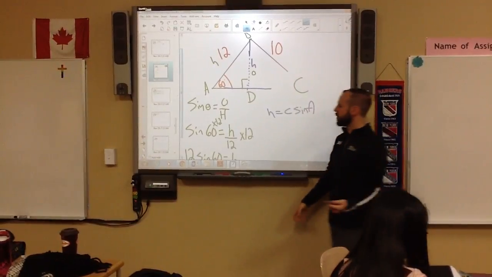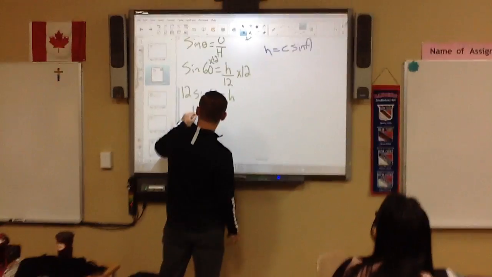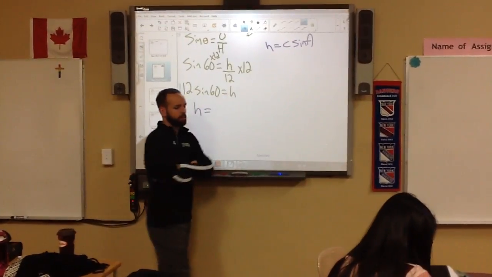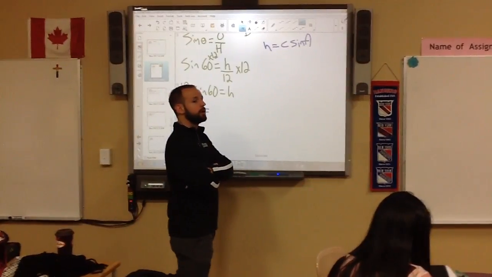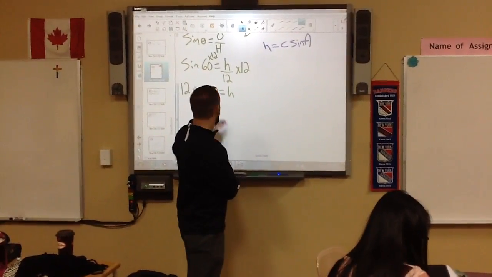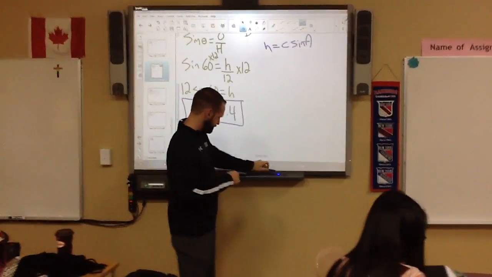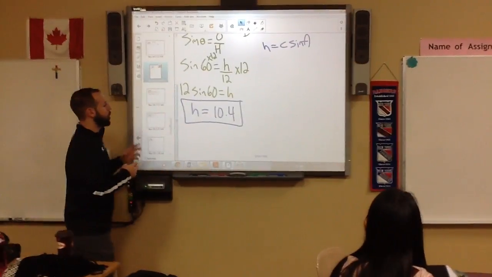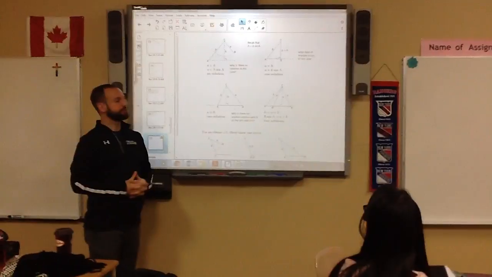Can anyone tell me what 12 times sine of 60 is equal to? 10 point? Okay, so 10.4. That number is significant to us, because if we go back to our cheat sheet, we have a couple of scenarios.